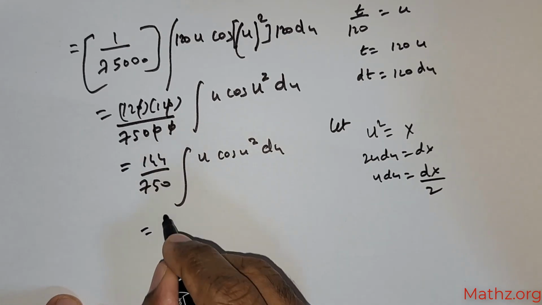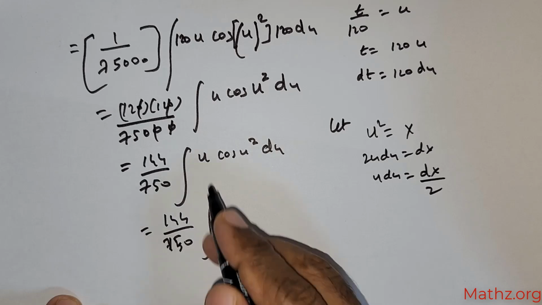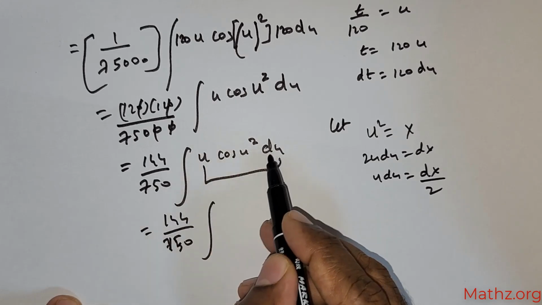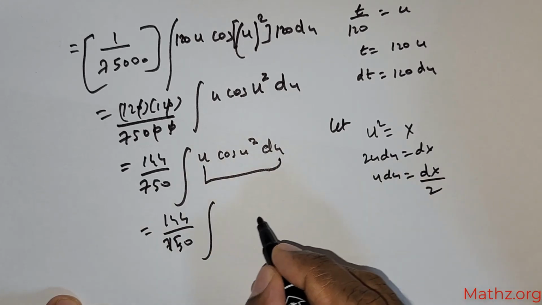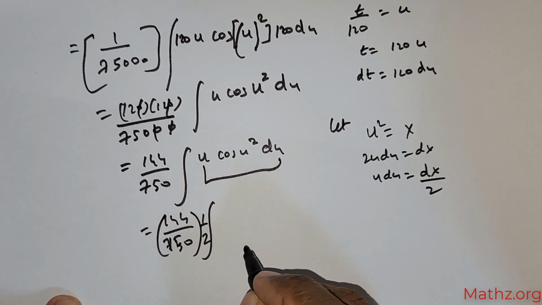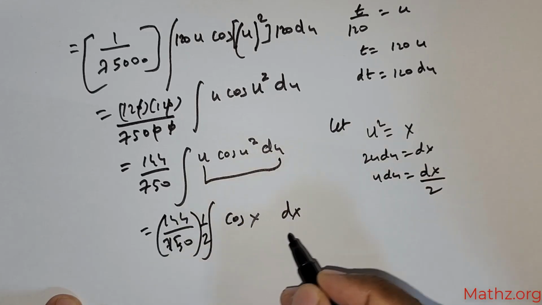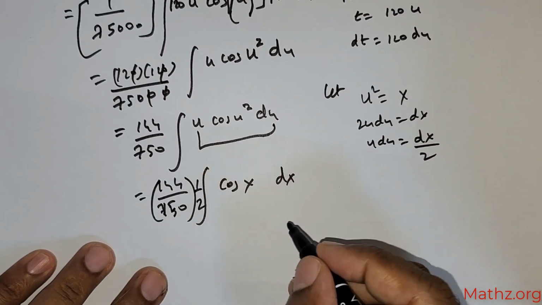So substitute this: 750 integral, u du is dx over 2. So you have a 2 there. I'm going to place the 2 there, and I have a dx here. So this is cos of u squared, which is x. So you need to integrate cos x dx.